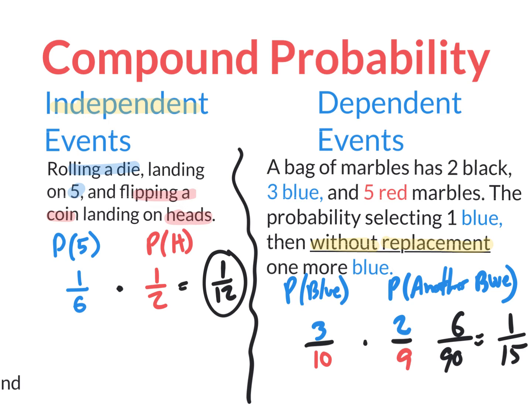Correct me if I'm wrong. I think 90 divided by 6 is 15. So yeah, the probability of you picking a blue marble, putting it to the side, reaching in that same bag without replacement and pulling out a second blue marble, that'd be 1/15. It's not that likely. Of course, you could change that to a decimal, and you could change that to a percent.